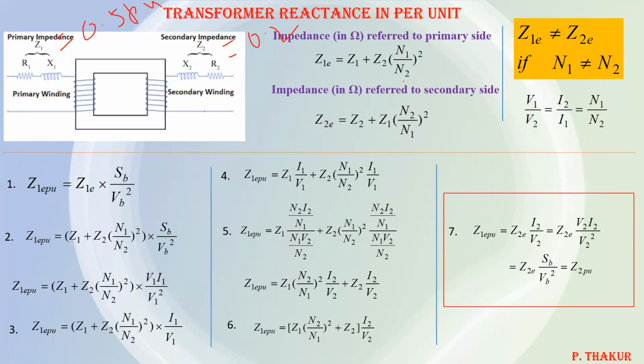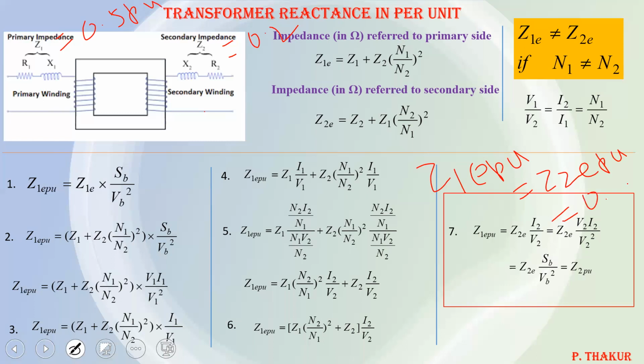So simply you will just add these two. Total impedance of the transformer, either referred to the primary or referred to the secondary, will be just equal to the sum of these two, 0.5 plus 0.2, 0.7 per unit. So this is the advantage when you represent transformer reactance, resistance, impedance in per unit. In the next lecture, I will discuss some numerical examples based on this concept.